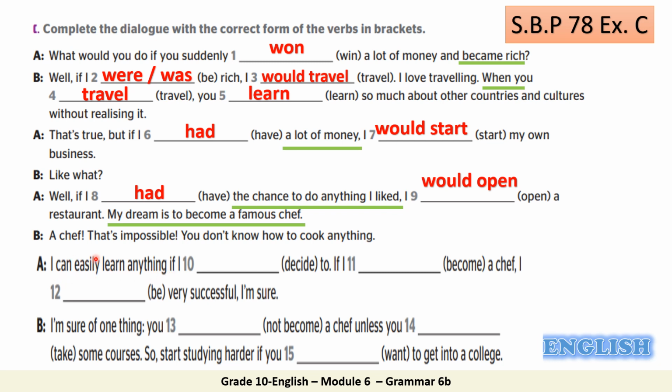So you remember the type of this conditional? That's correct. This is type 1. If I became a chef, I would be very successful, I'm sure.